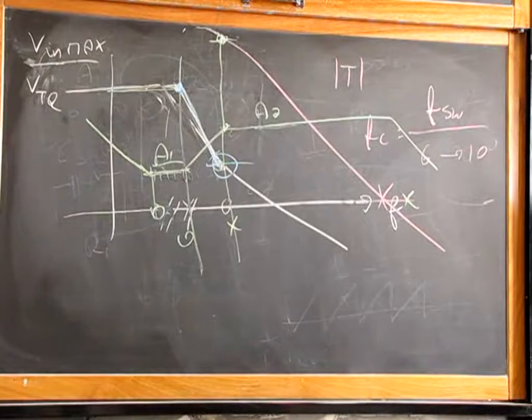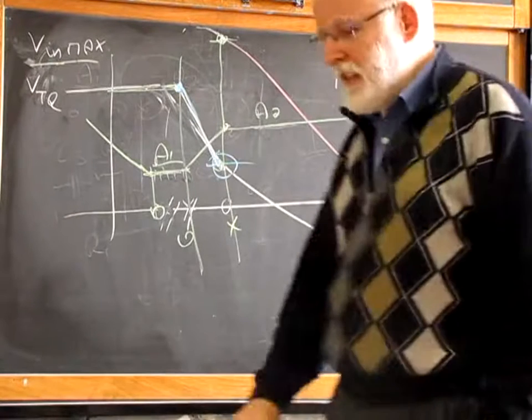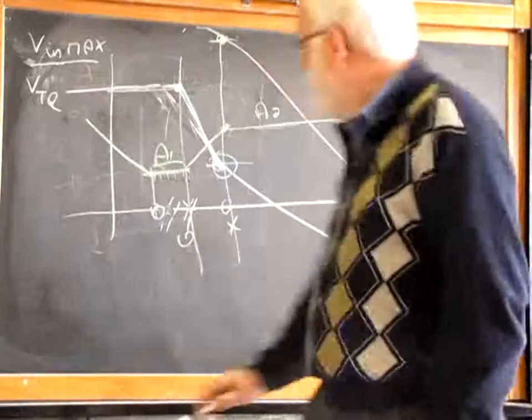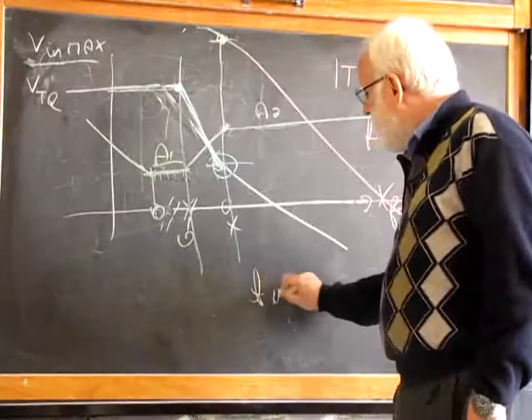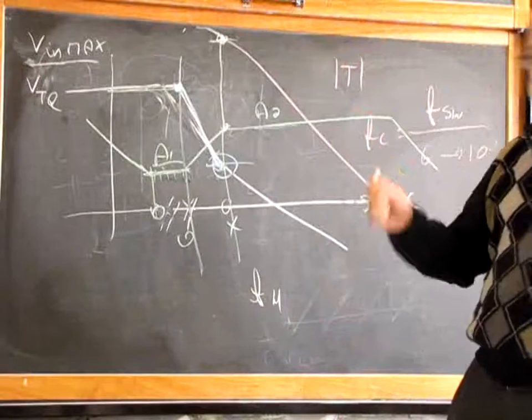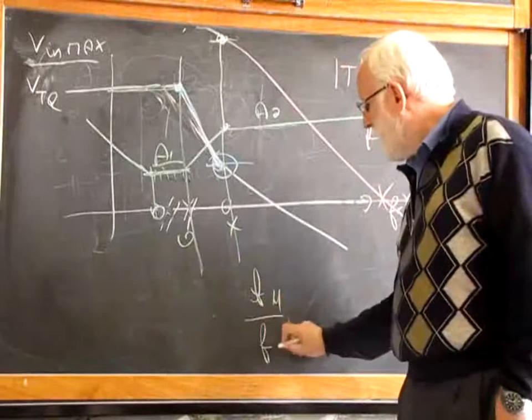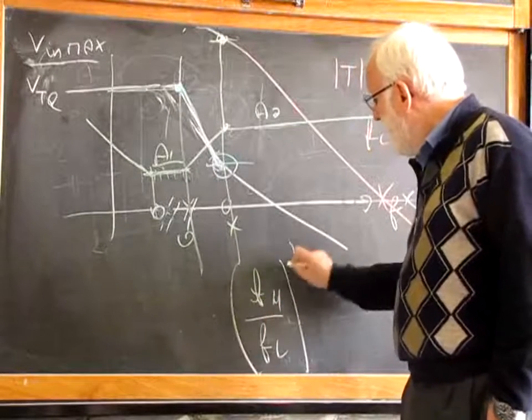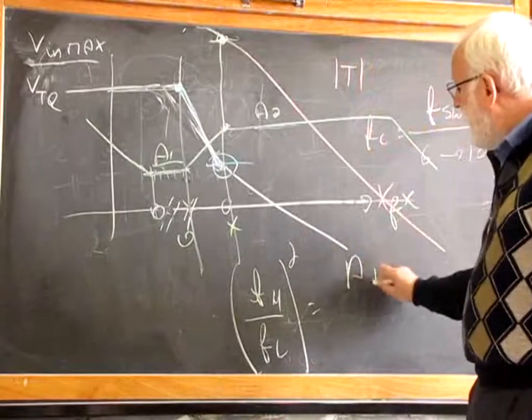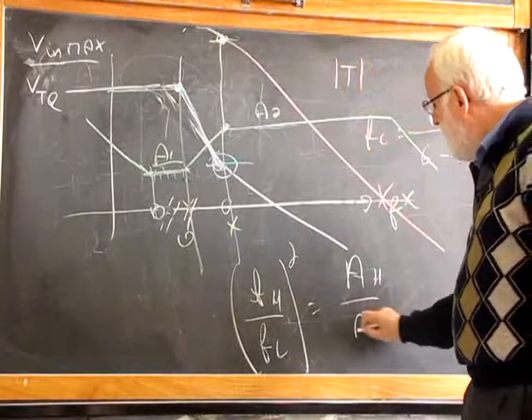It's almost the same as before. There is one extra square: the higher of the two frequencies divided by the lower of the two frequencies, squared, is equal to the high gain divided by the low gain.